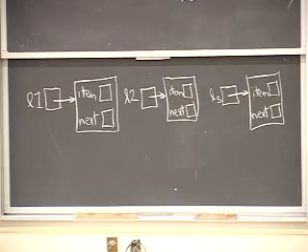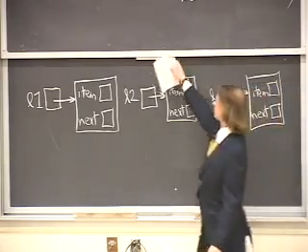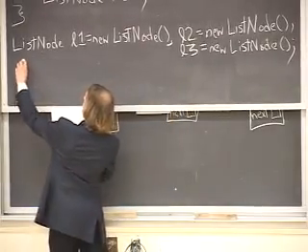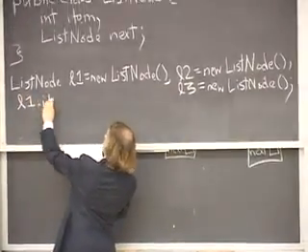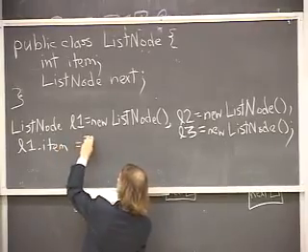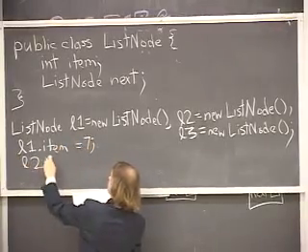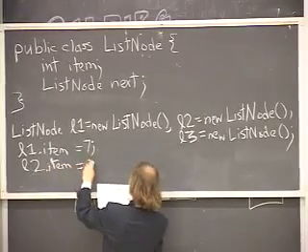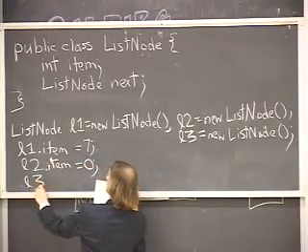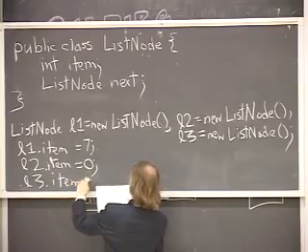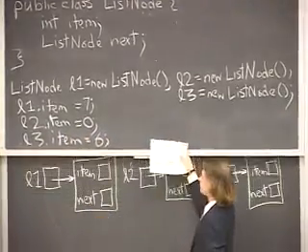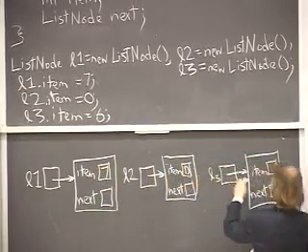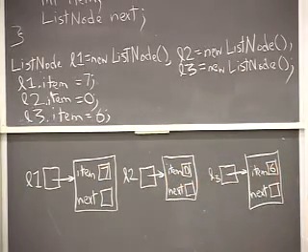Okay, I'm going to fill in some items. Let's say that l1.item is 7, and l2.item is 0, and l3.item is 6. So there we go. There's the numbers we want to store in our list.